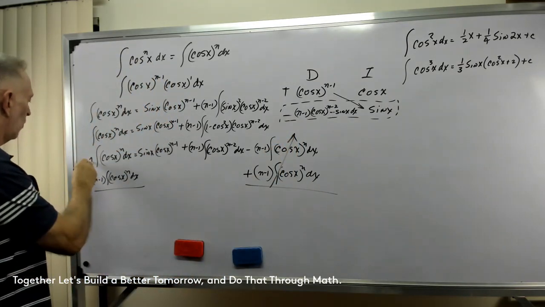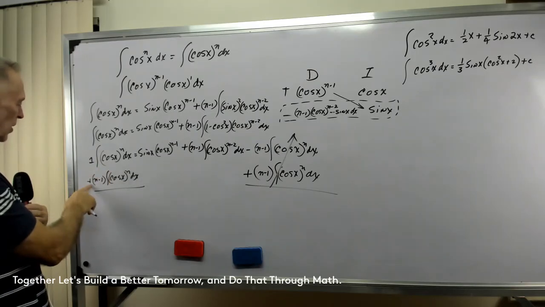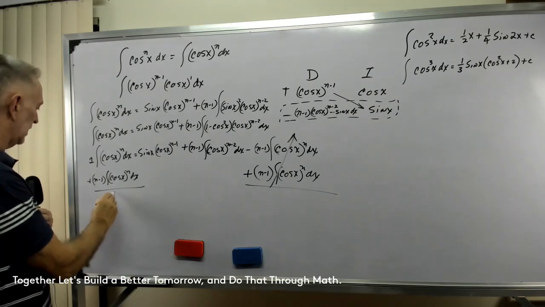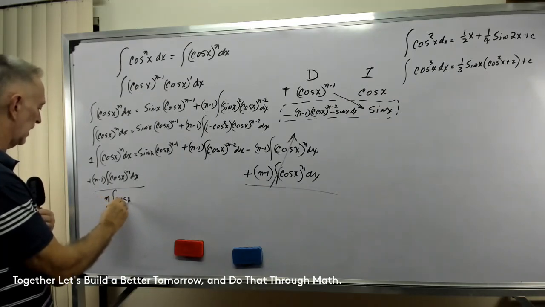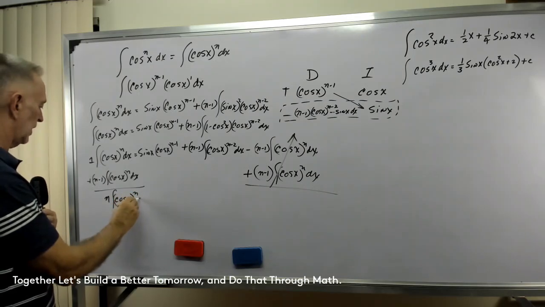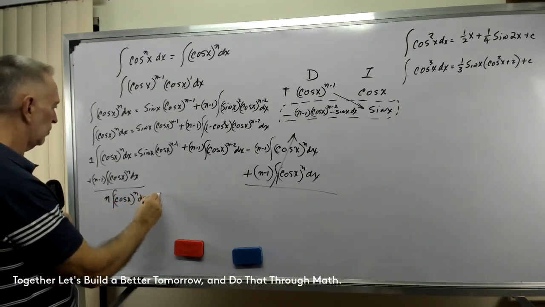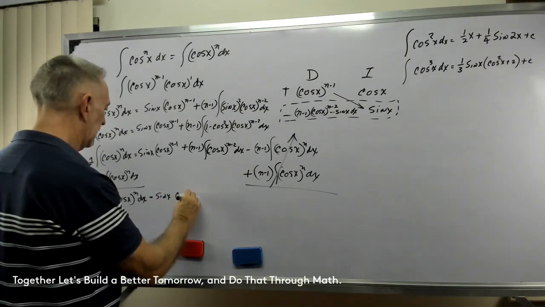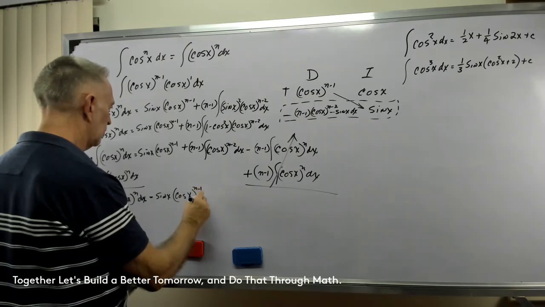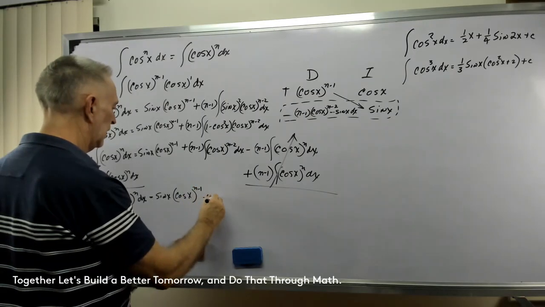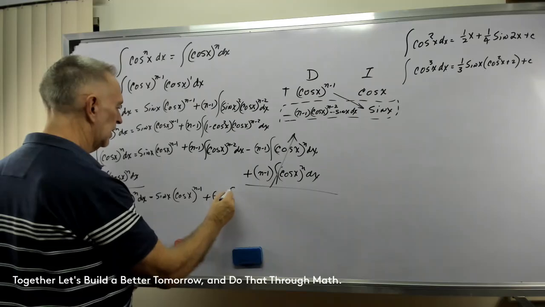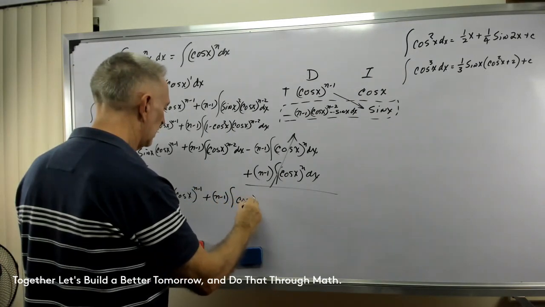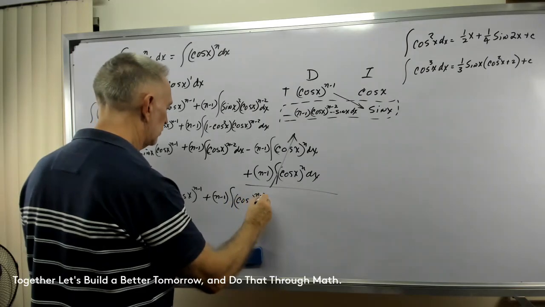So now I have one of them here. 1 plus n minus 1 just leaves n. So I have n times the integral of cosine x to the n dx, and that equals sine x cosine x to the n minus 1 plus n minus 1 times the integral, this integral here, of cosine x to the n minus 2 dx.